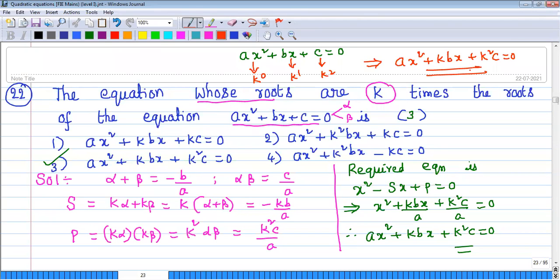Without paper and pen you can solve this problem, but this is the concept behind this question. And one more thing: if alpha comma beta are the roots of ax square plus bx plus c is equal to 0, then the roots of ax square plus kbx plus k square c are alpha k and beta k.